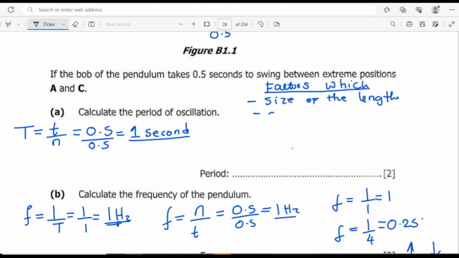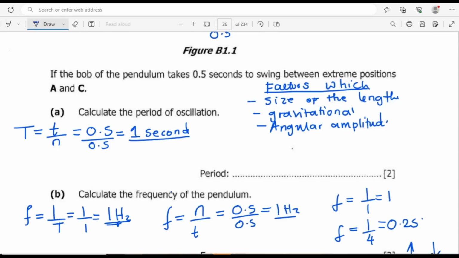The second one, gravitational force, which is gravity. Then apart from this, the angular amplitude. So these are the 3 factors which affect the period.